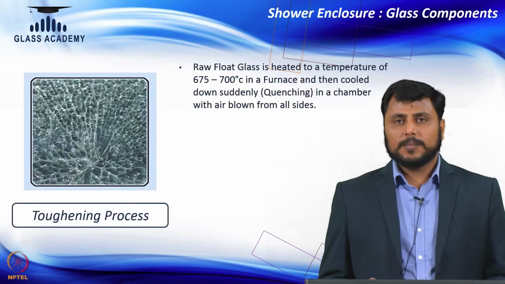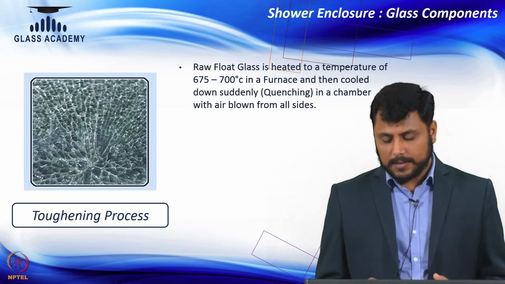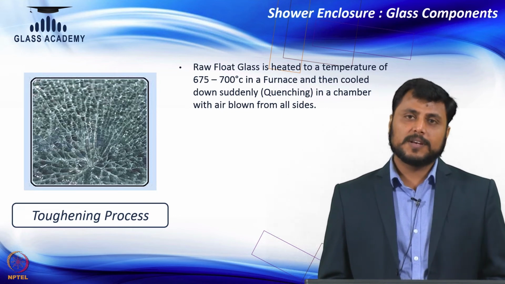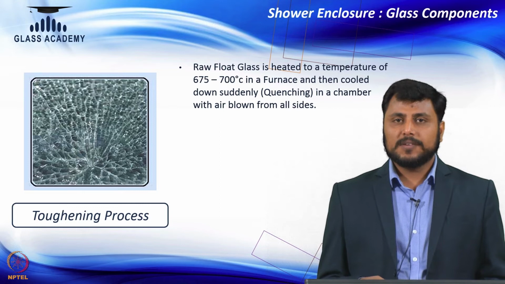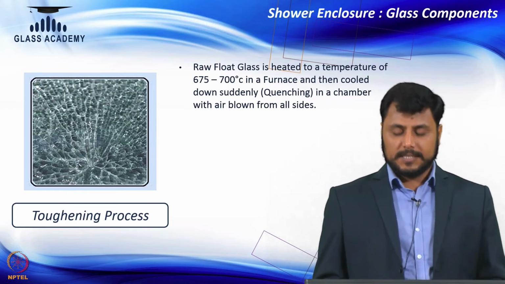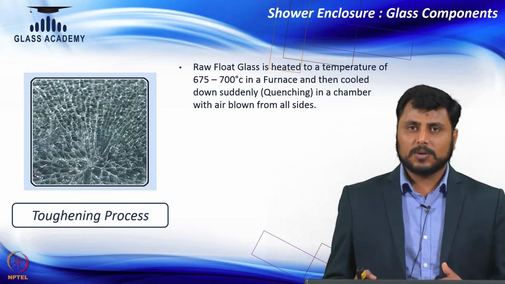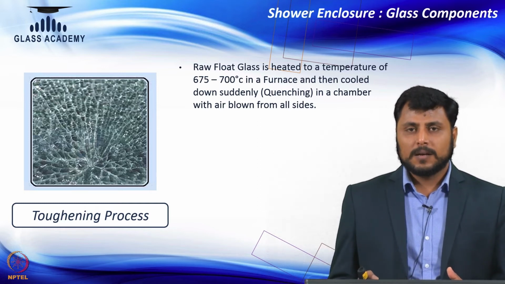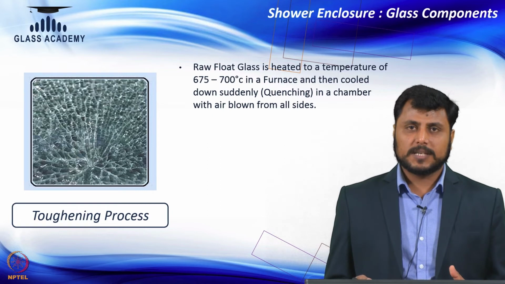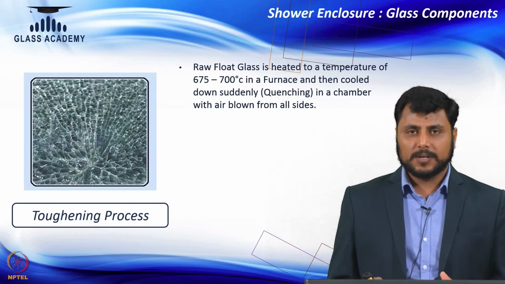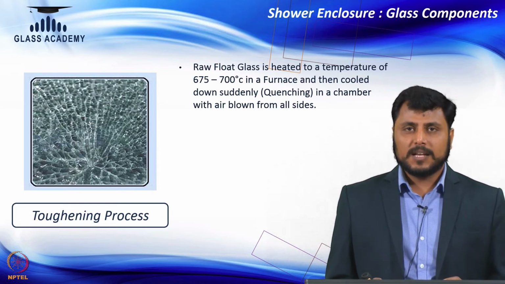Coming to the glass component: at what temperature does toughening happen? 675 to 700 degrees Celsius. For the process you can go through our toughening process line, which has a separate module, but I will explain it in brief.